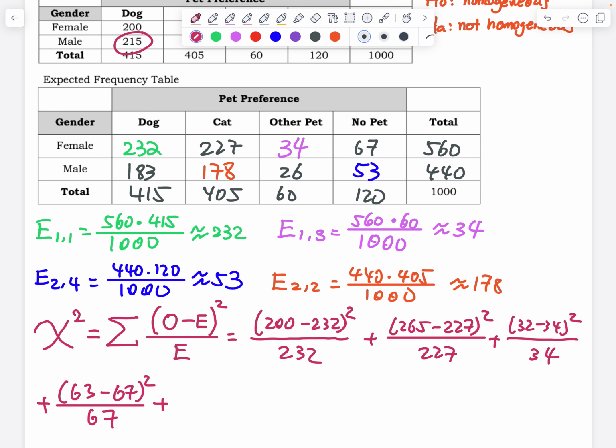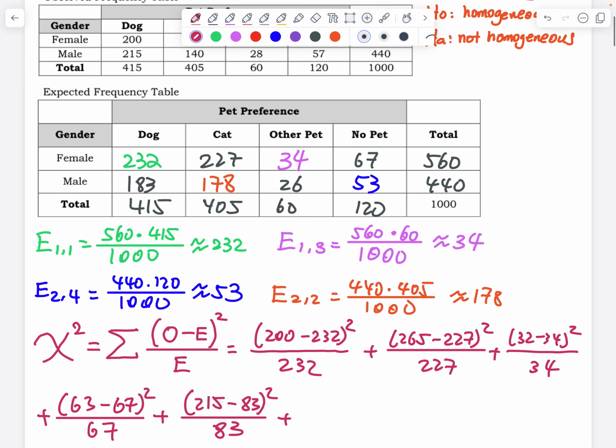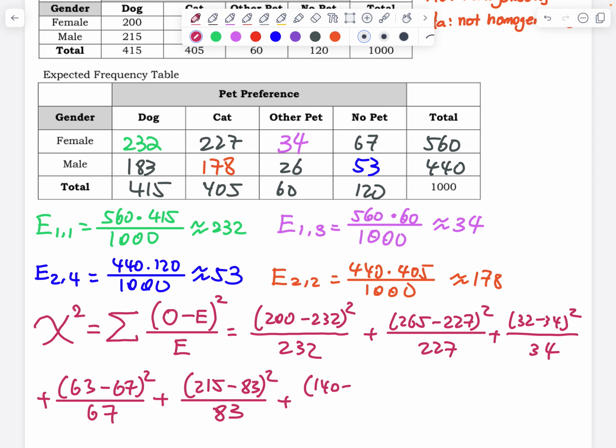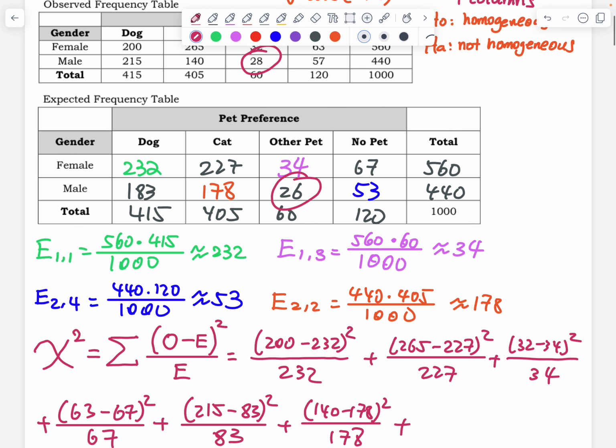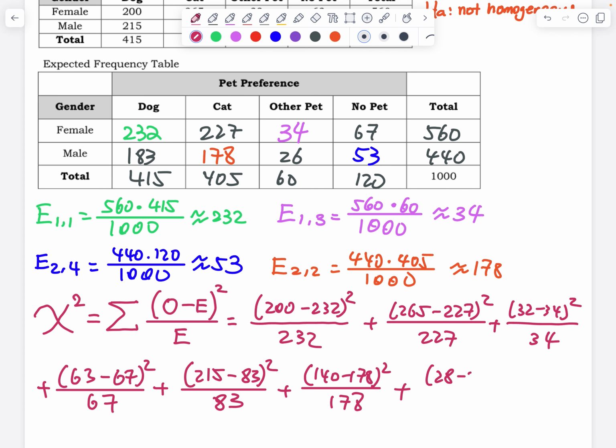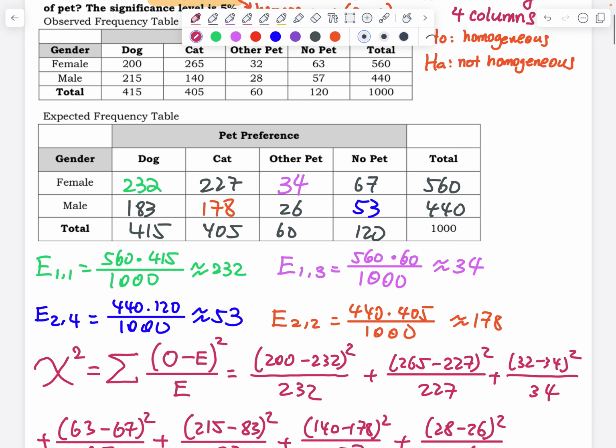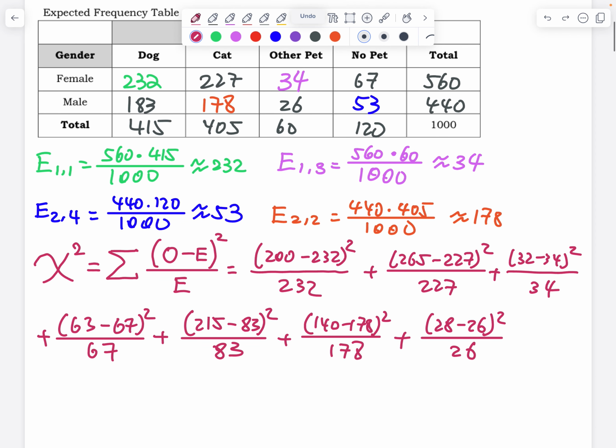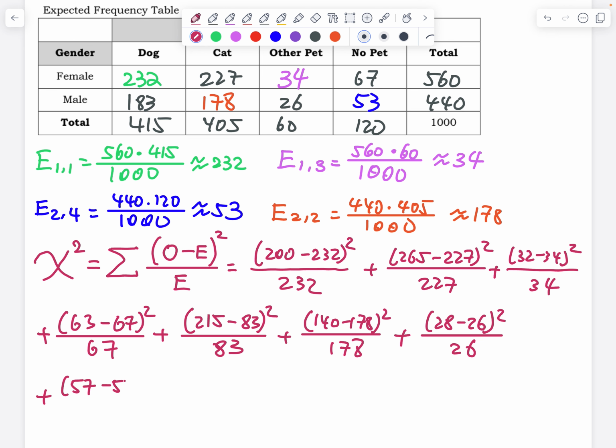And then the next one, 215 and 183, plus 215 minus 183, squared, divided by 183, and then plus 140 and 178. And then the next one, 28 and 26, divided by 26. And the last one, 57 and 53, plus 57 minus 53, squared, divided by 53.